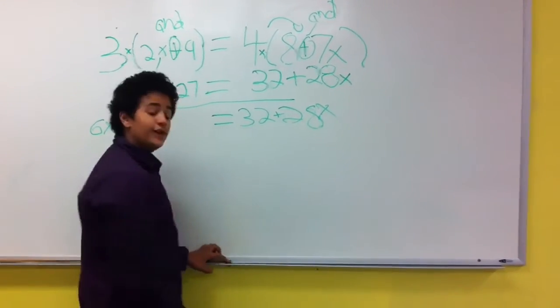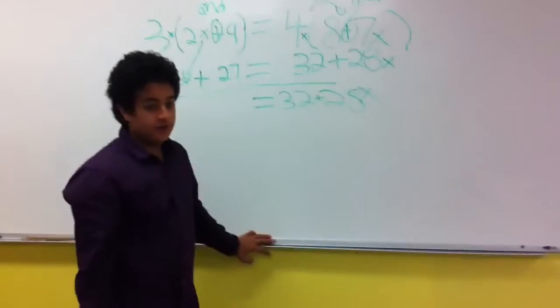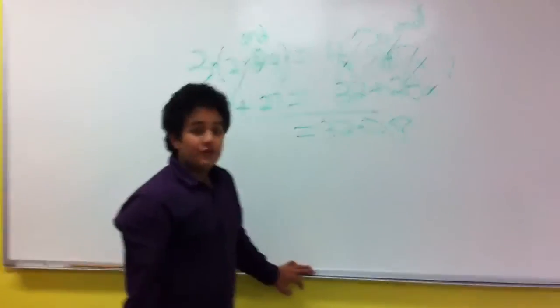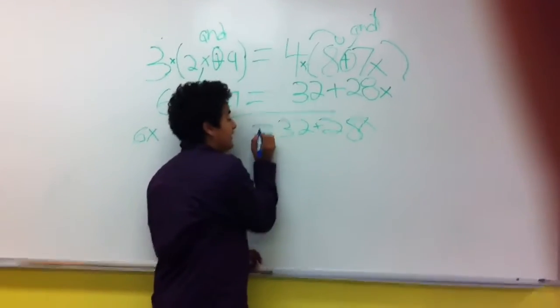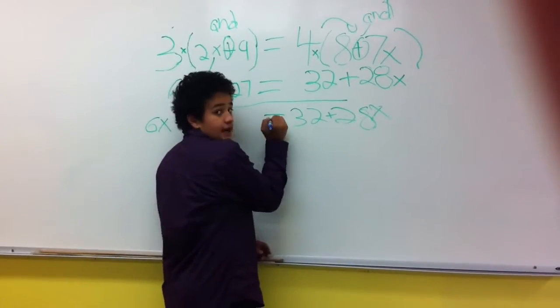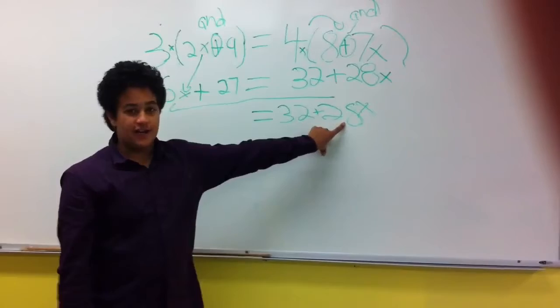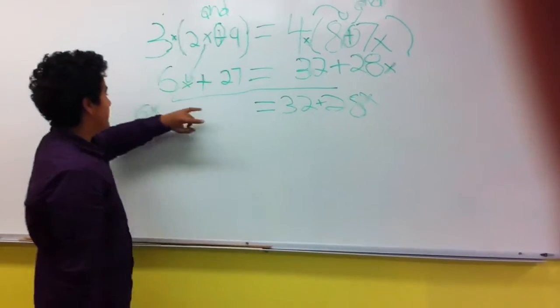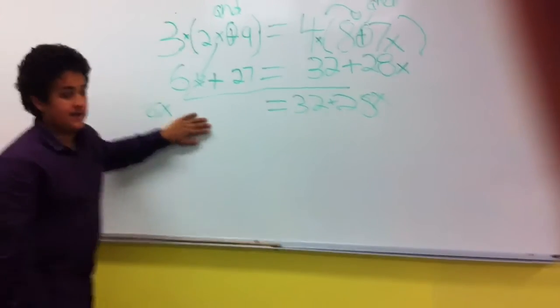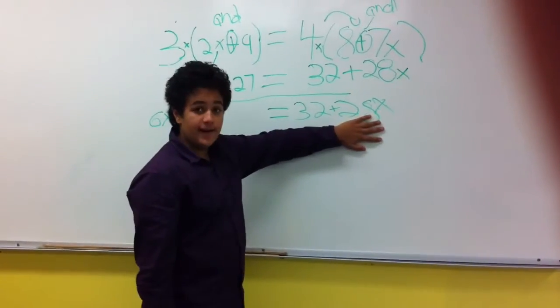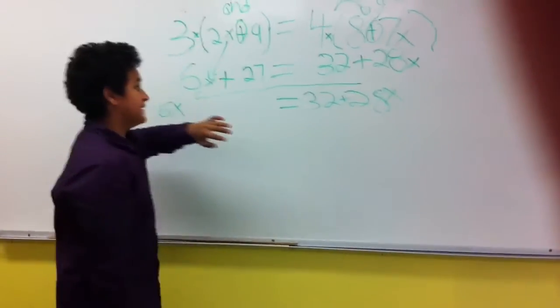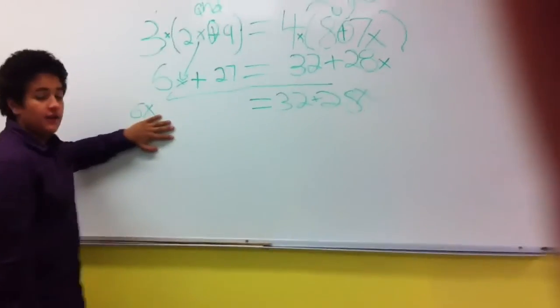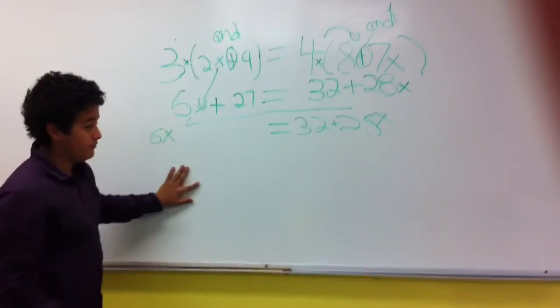So a little trick we're going to teach you, which is a lot faster and easier, is whenever you hop the equal sign, the sign is going to change. So if you're a positive 28, when you bring it to this side, it's going to be a negative 28. Say it was a negative 28 on this side, when we brought it to this side, it would have been a positive 28. So I hope you're following me along.